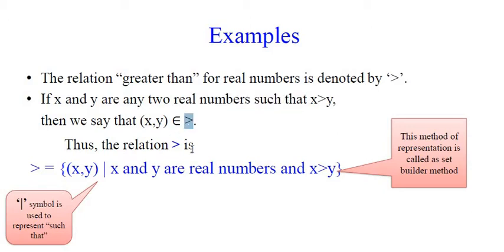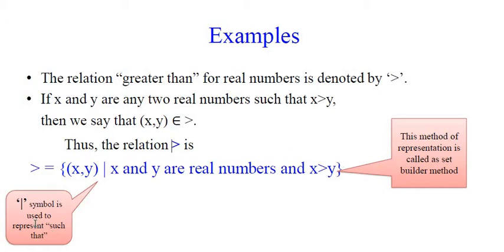The greater than symbol is one relation we have, and that relation R is equal to the set of (x, y) such that x and y are real numbers and x is greater than y.